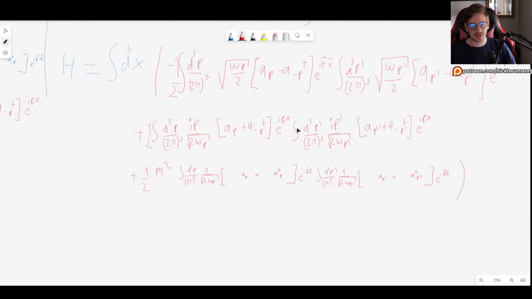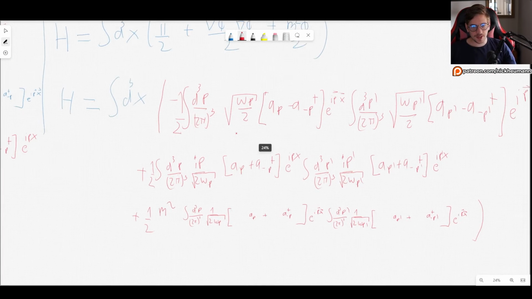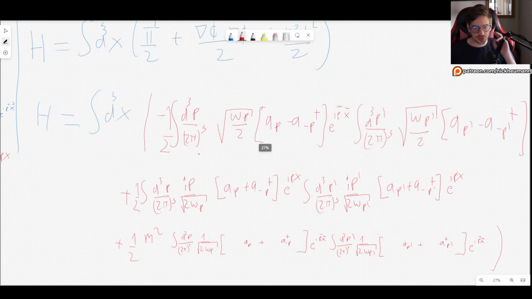So now we can do a few things, of course. First of all, square root of 2, square root of 2. We can cancel those, that's simply 2, and we can write it here as 1/4. So just 1/4. We can also put all the integrals together. So we can write d3p, d3p prime, and also 2 pi to the 6th here.